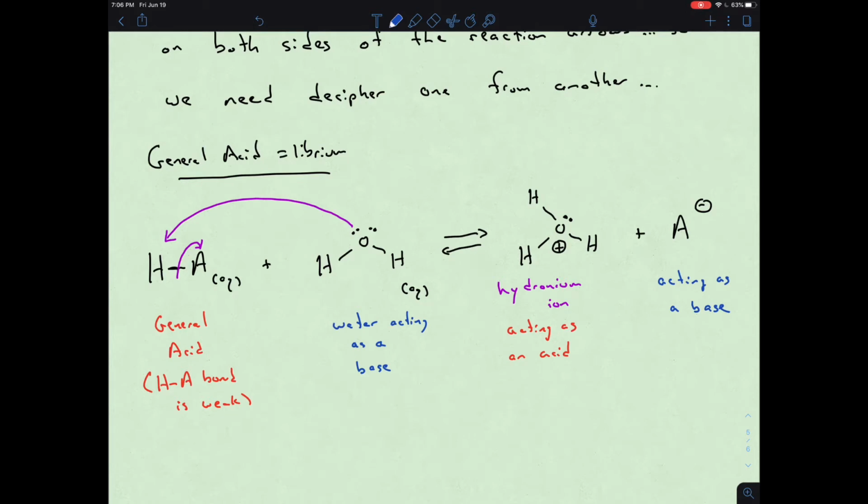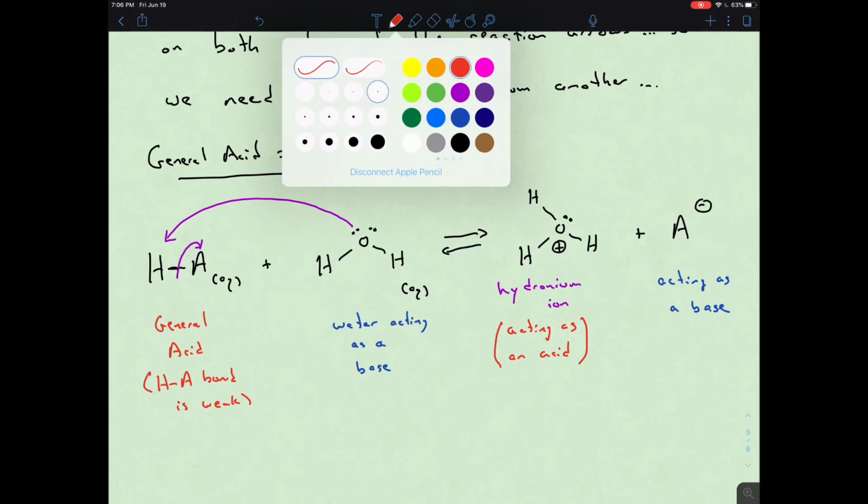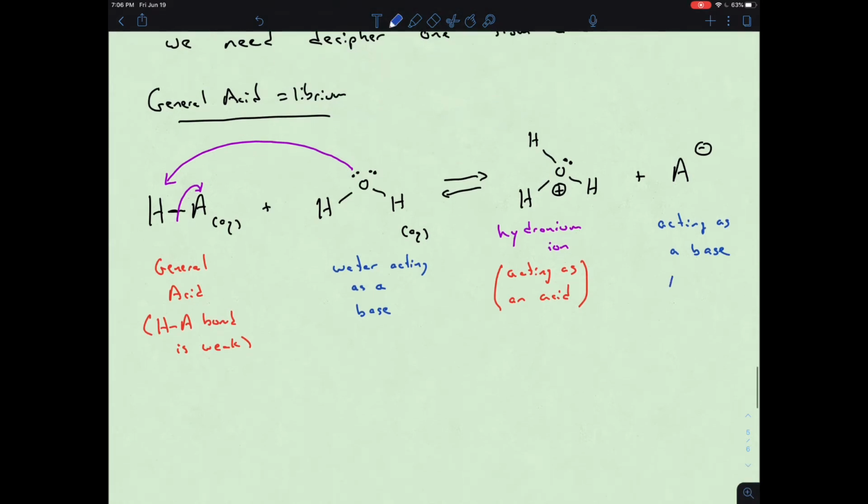So generally we use the term hydronium ion, so even though it's acting as an acid, we tend to not call it that, we just call it hydronium. And to be honest, same with water, we tend to just realize that it can act as either an acid or a base, and so we just say, oh, it reacts with water. But our A minus has a term associated with it.